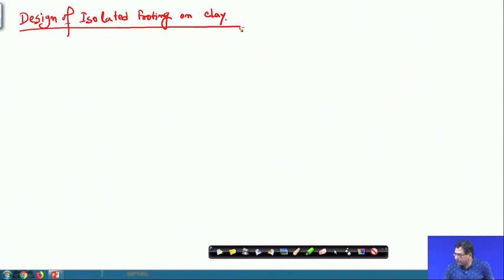So, we are designing, suppose as mentioned, that this is the location of a column of a building. This is the column location.